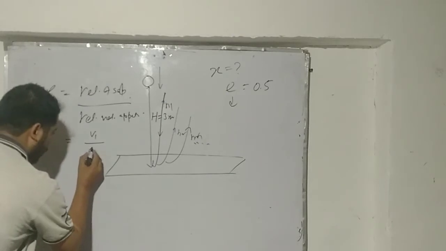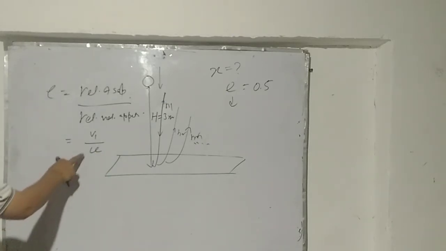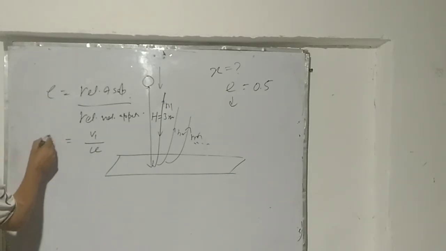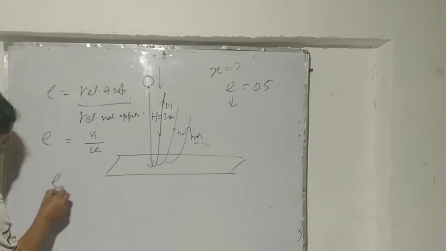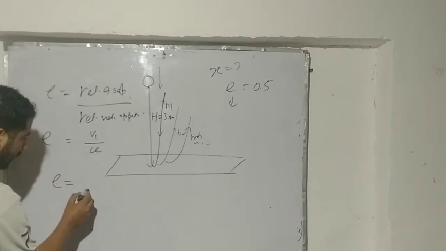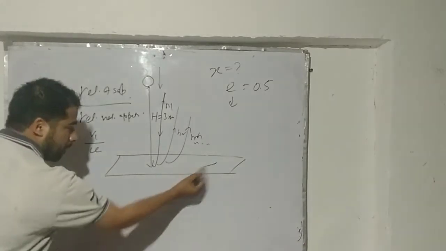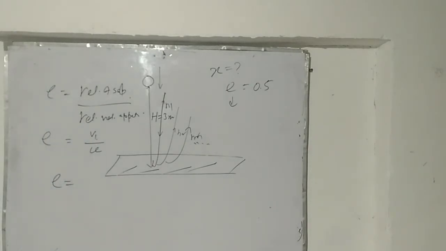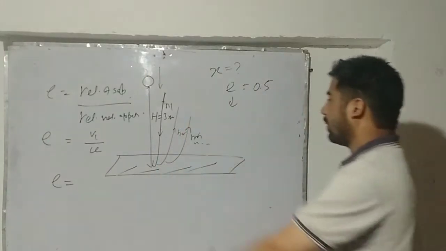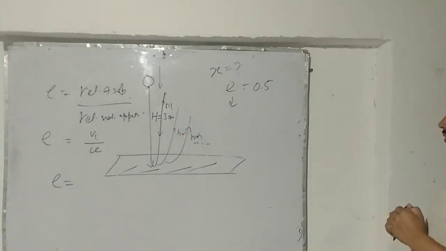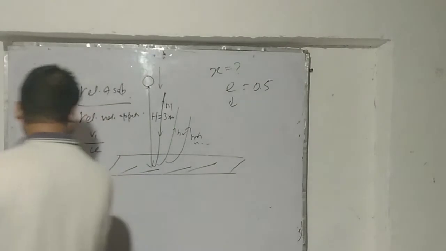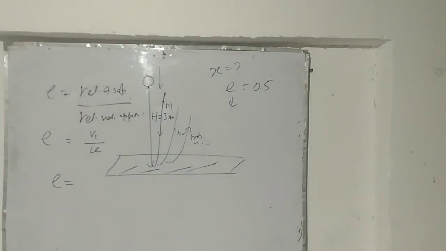So my e will be v1 over u, because the plate is at rest in each collision, so it has no velocity. It is only the particle that has velocity in every collision. In the first collision, the particle velocity is v1, but before it collides with the plate, its velocity is u. The particle starts from rest.